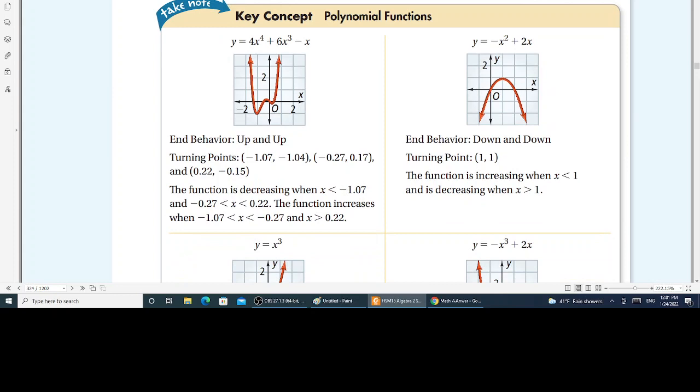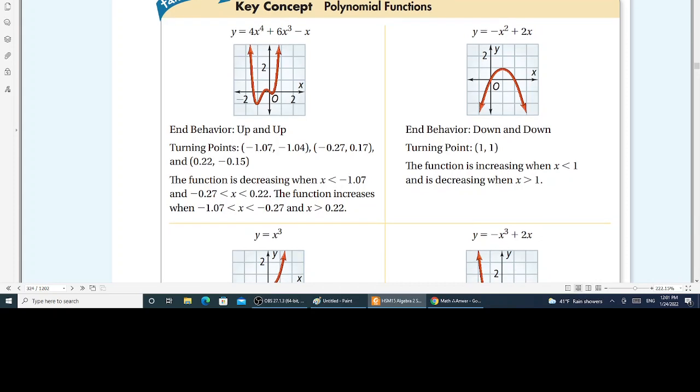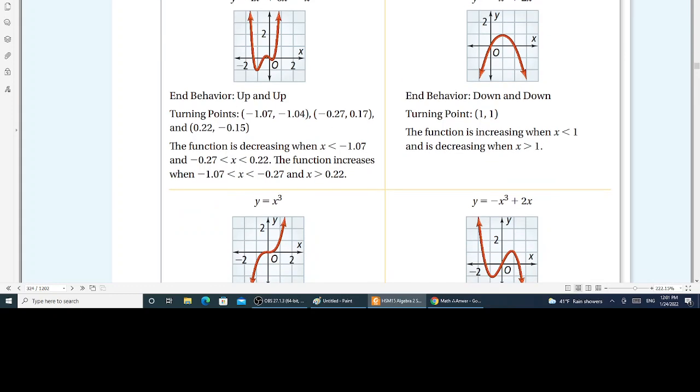For example, y equals 4x to the power 4 plus 6x cubed minus x. Note that the end behavior here is up, and the turning points are as you can see here. The function is decreasing when x is less than negative 1.07 and when x is between negative 0.27 and 0.22.